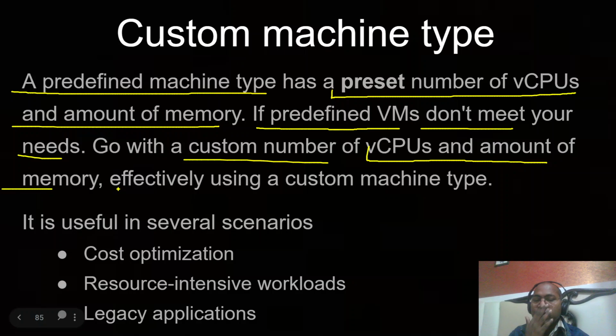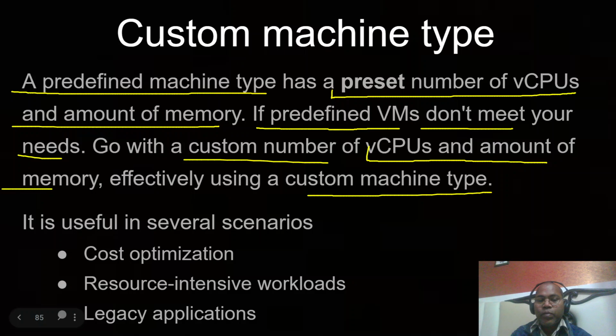So Google supports custom type configuration as well. For some applications you may require X number of CPUs, X amount of RAM, and X amount of storage. Google supports both predefined or preset machine types and custom machine types.